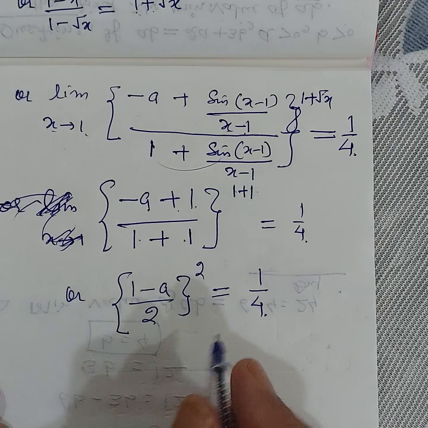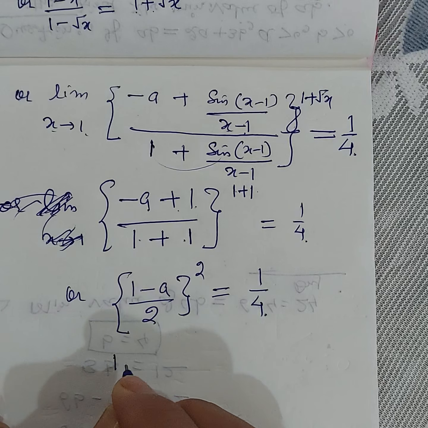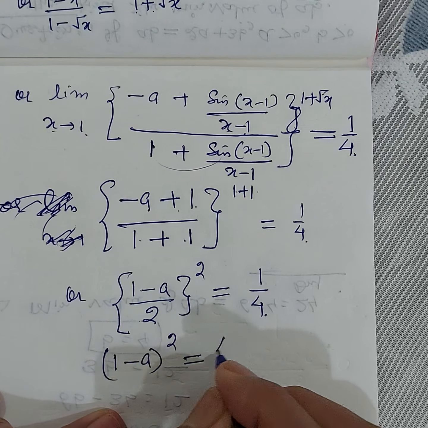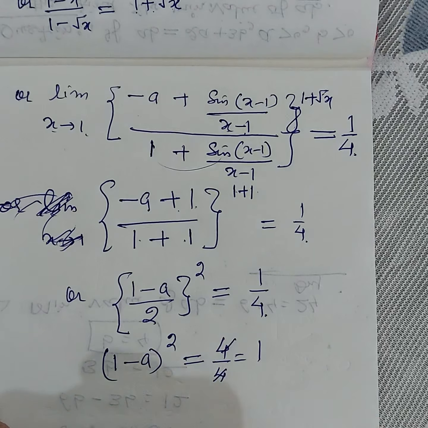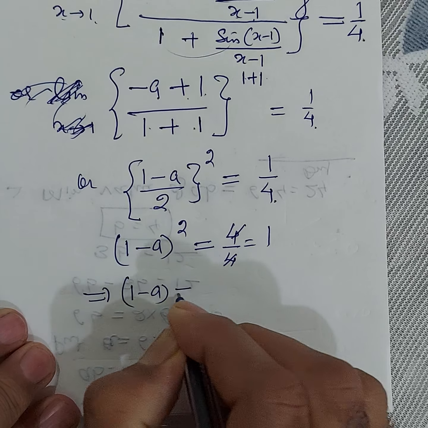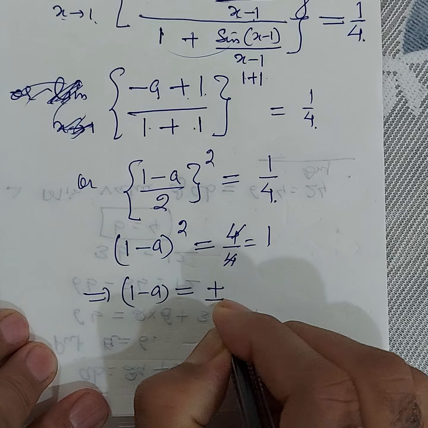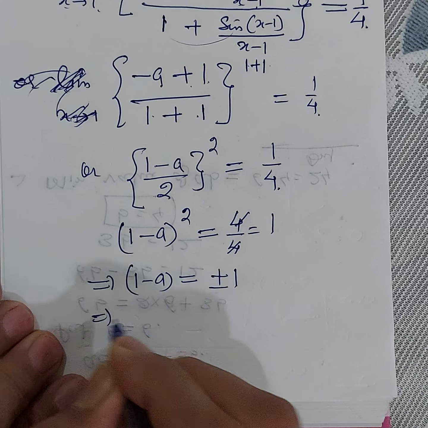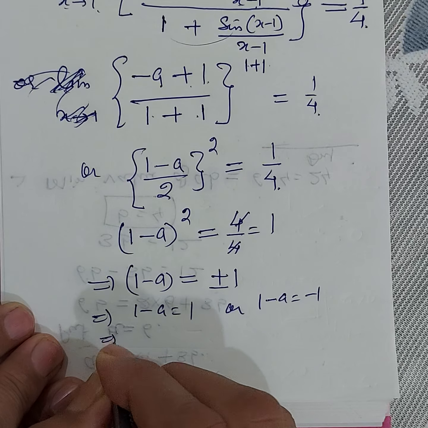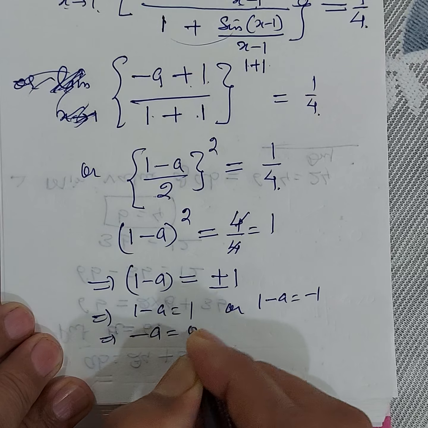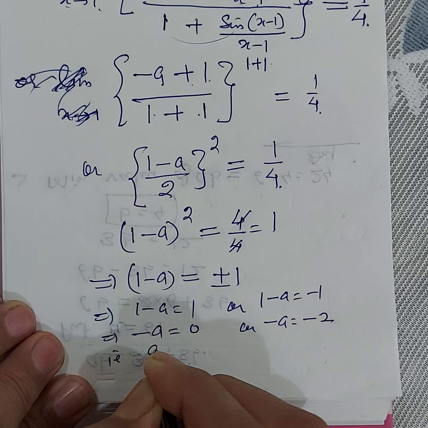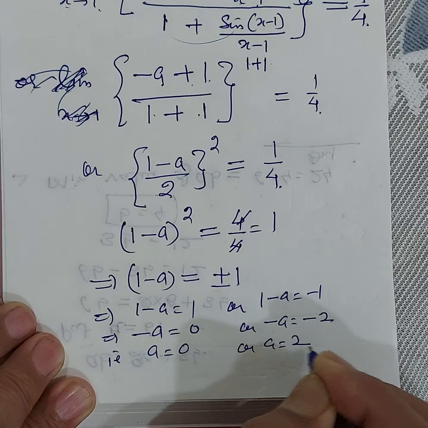Now this gives (1-a)² = 4/4 = 1, which implies 1-a = ±1. So 1-a = 1 or 1-a = -1, which means -a = 0 or -a = -2. That is, a = 0 or a = 2.